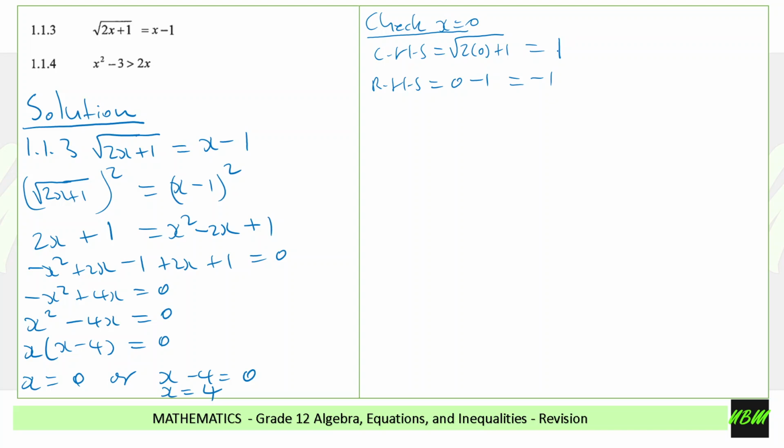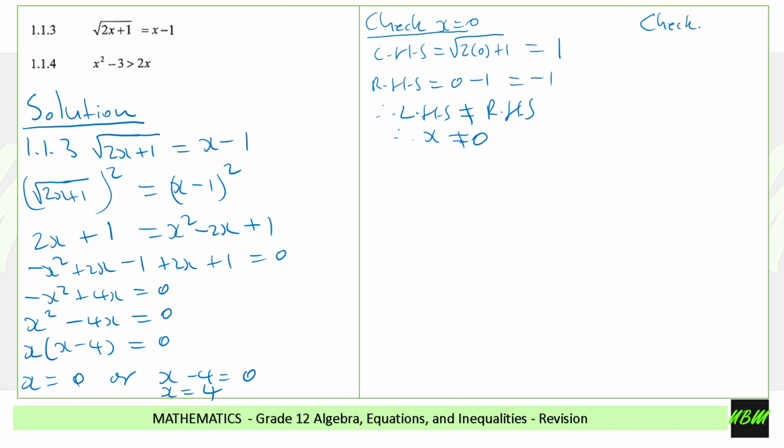Left hand side is 1, right hand side is minus 1. Therefore, the left hand side is not equals to the right hand side. Therefore, x cannot be equals to 0, because when we substitute 0, the left hand side is not equals to the right hand side.